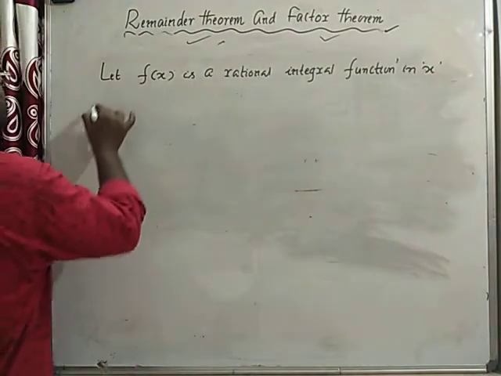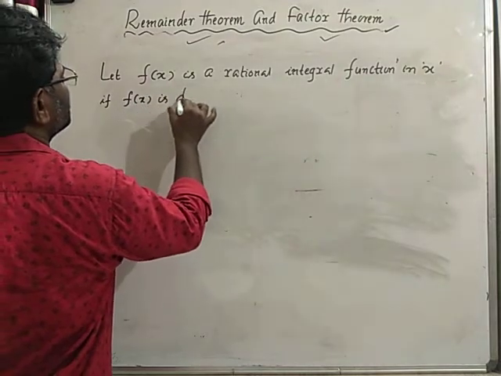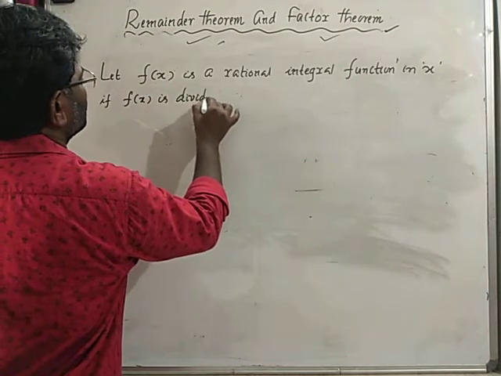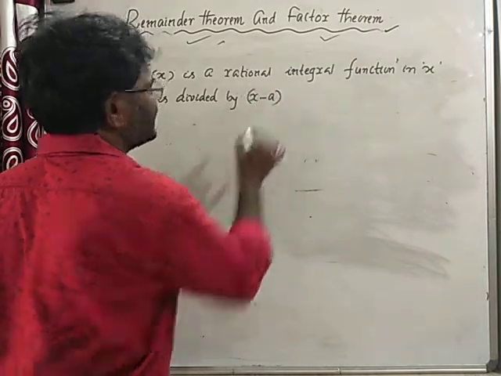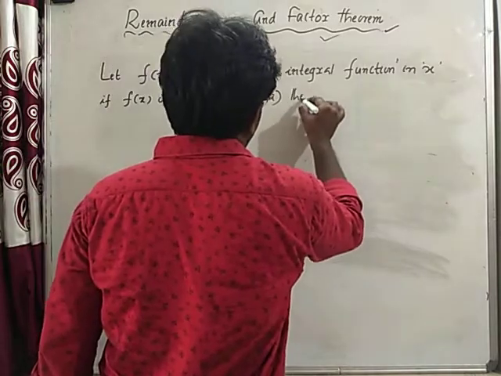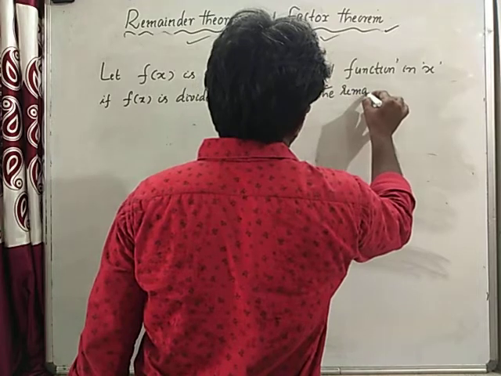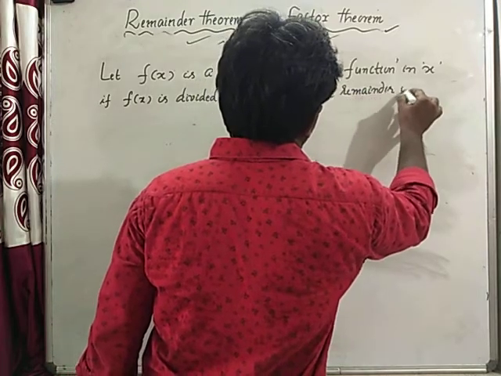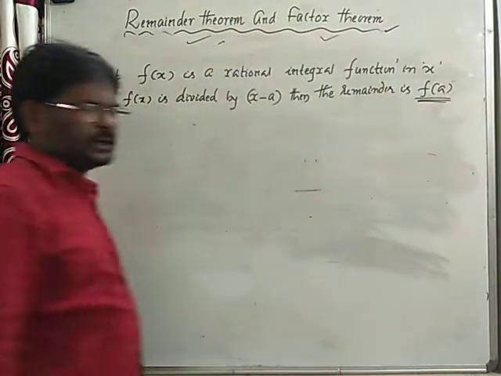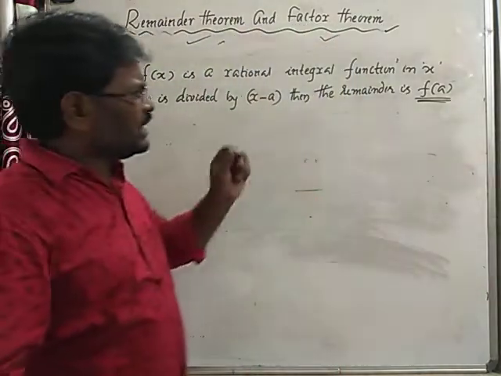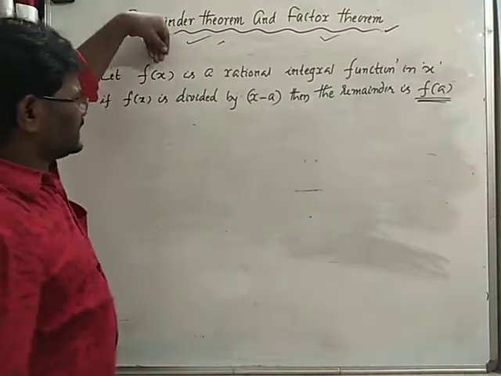If f of x is divided by x minus a, then the remainder is f of a. This is very, very important. So you can replace x is equal to a in this expression.